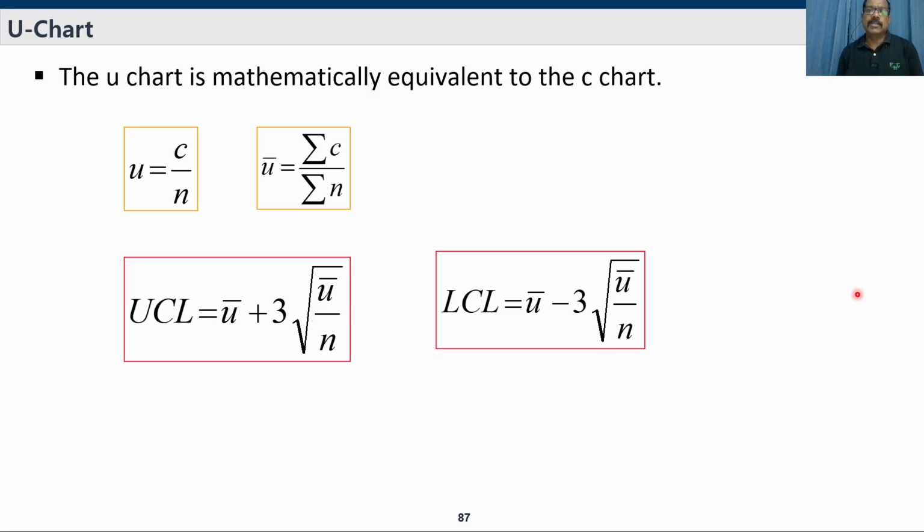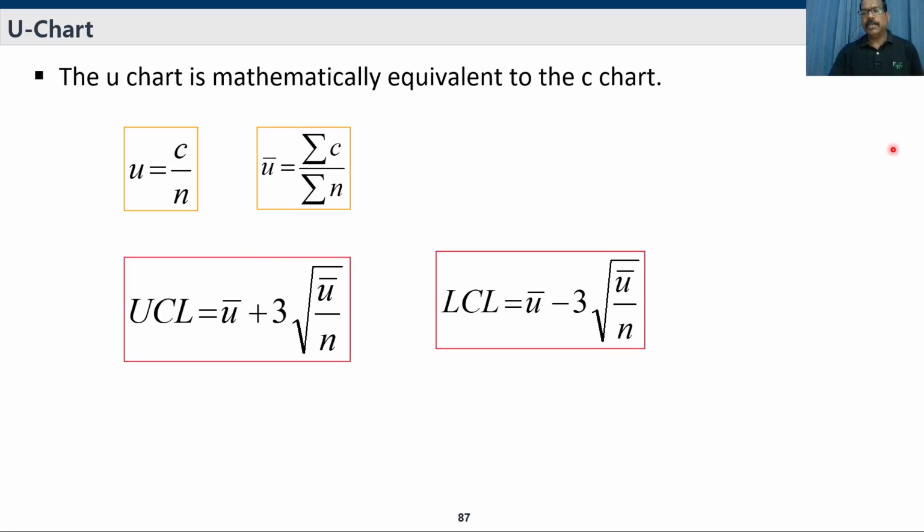The calculation is not very difficult. If you are very clear in understanding the P chart or R bar or X bar chart, it is sufficient. I gave 2 to 3 examples. Maybe some other examples are available in the textbook which I shared. Kindly refer to it.